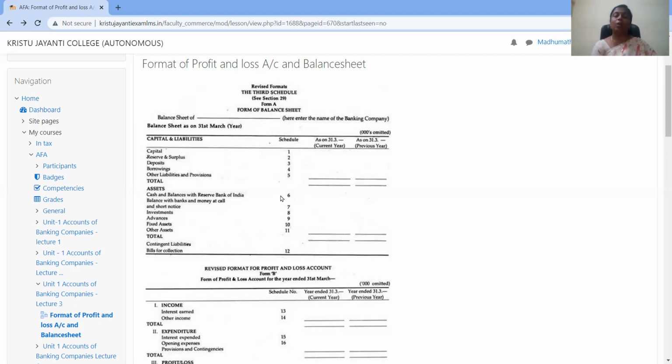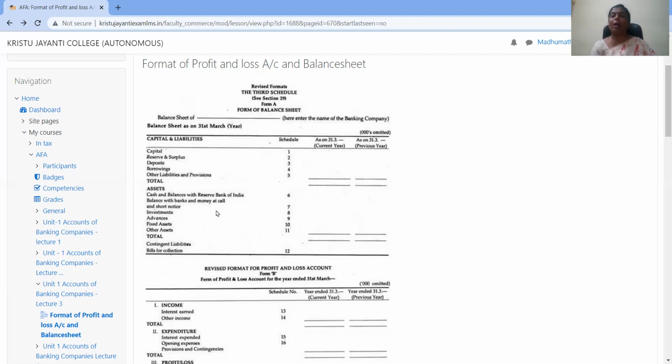So next, schedule number 7 is for your balances with other banks and money at call and short notice. What do you mean by money at call and short notice? Money at call and short notice is nothing but the amount you have given to other banks at short notice.